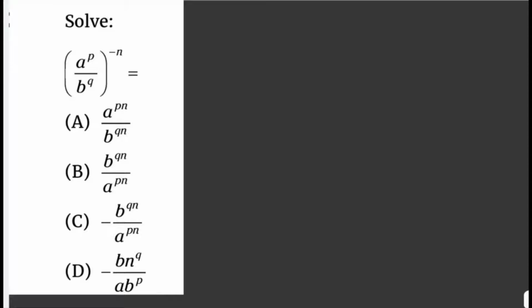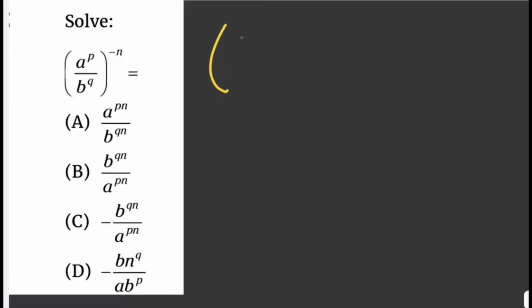Solve (a to the p over b to the q) to the power of negative n. So we have a negative exponent here. When we have a negative exponent, we will flip the term, or invert it, or we can write it as 1 over the term or the expression.